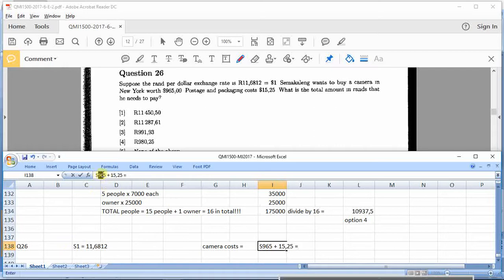Let's add up those two amounts, equals that, dollars. Multiply that by 11 rand 68.12, okay, equals... there. He's going to have to pay 11,450.50. Option 1.